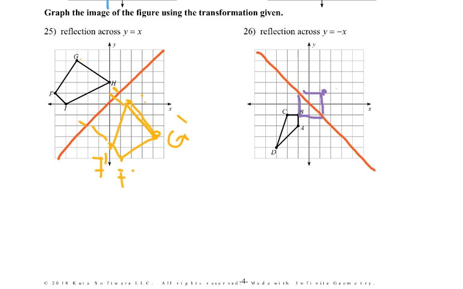Okay, so again, C is 3, and 3 again, so up 3, and to the left 3, and that's where C would be, so that's C prime. And then A, same idea, 3, and 3, it kind of makes squares. Okay, but that one can be pretty hard to draw. So that was B, C, and A.